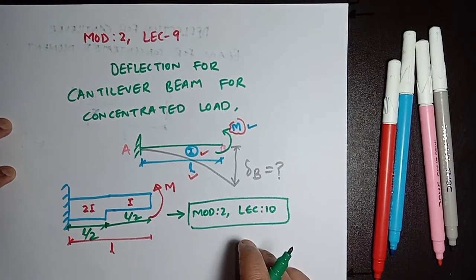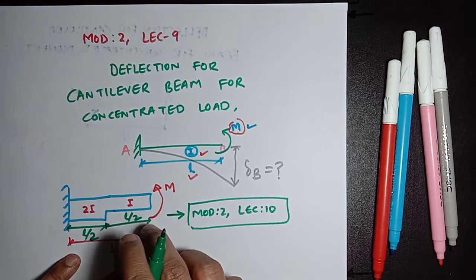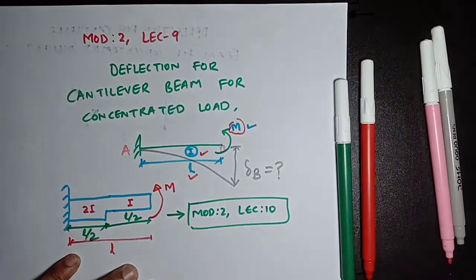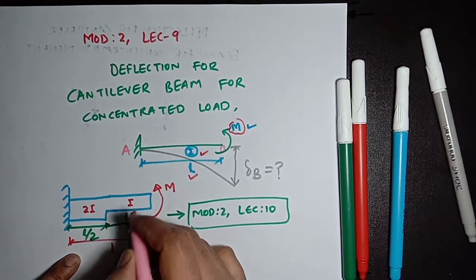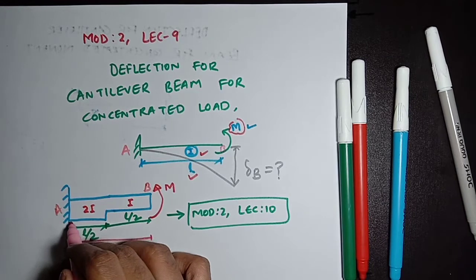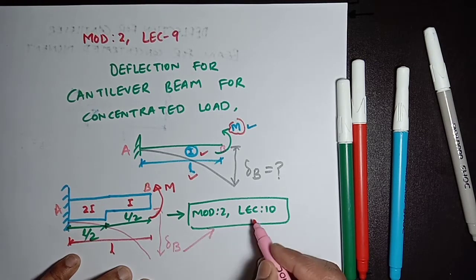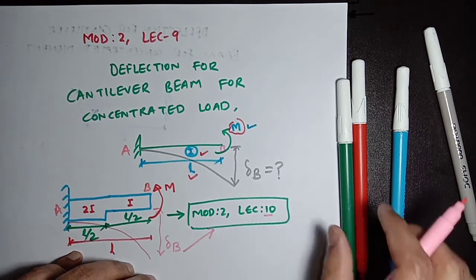You can see in our next lecture the calculation of deflection delta V. This is point B, this is point A, and here the deflection will be calculated in lecture number 10 for module 2.